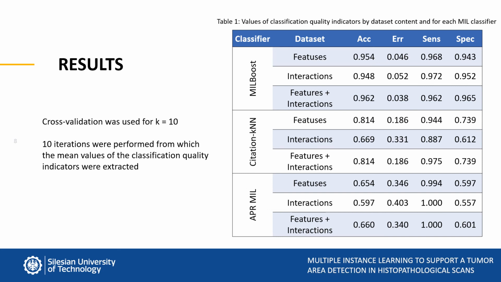It is worth reminding that in the problem of MIL classification, for a bag to be considered positive, it is enough for one of the images to be a picture of cancer tissue, which made it much more difficult to give the correct label and negatively affected the classifiers based on, for example, distance such as Citation KNN.